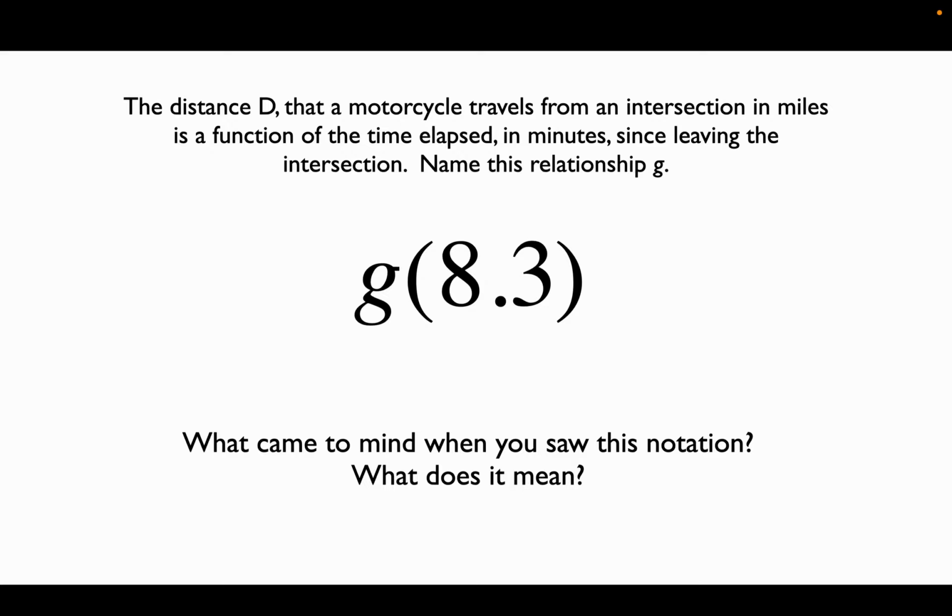So the 8.3 is representative of 8.3 minutes. G of 8.3, the whole thing, would represent the value that I get as the output, the distance after those 8.3 minutes.